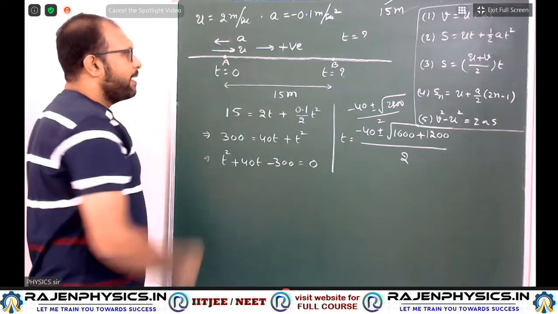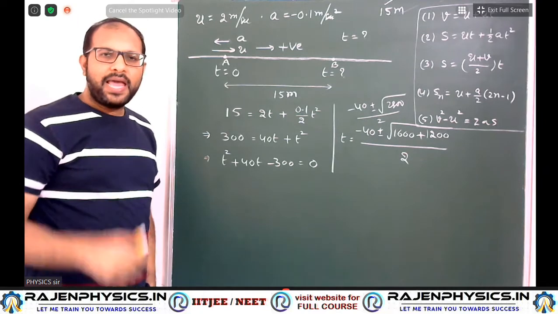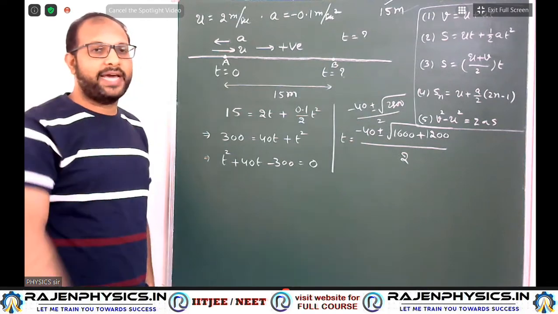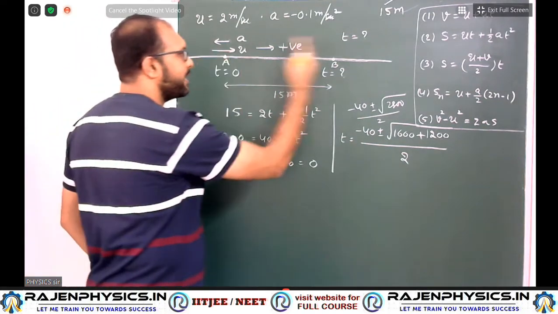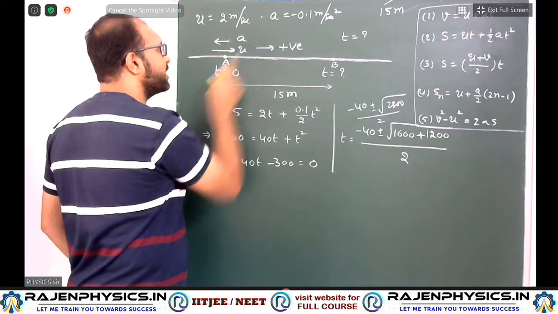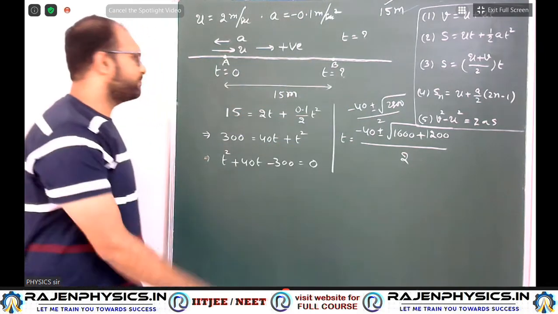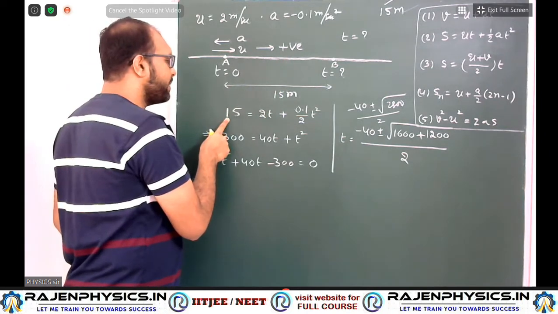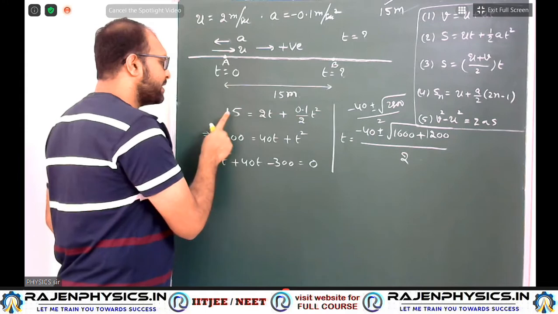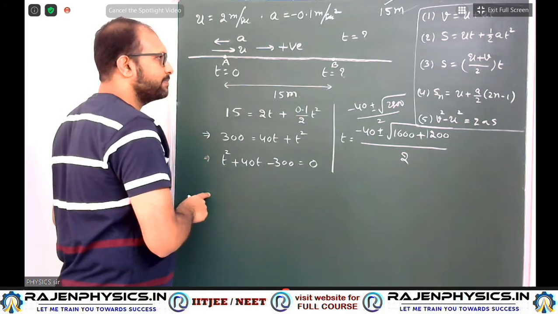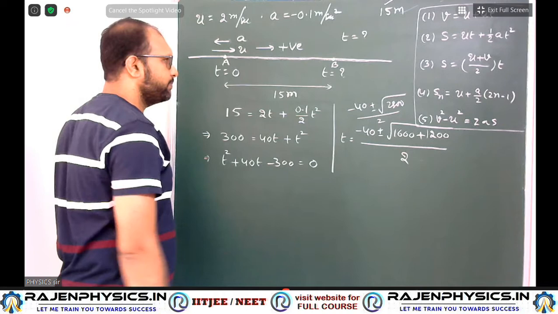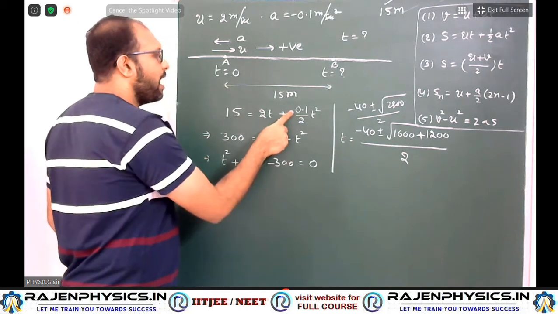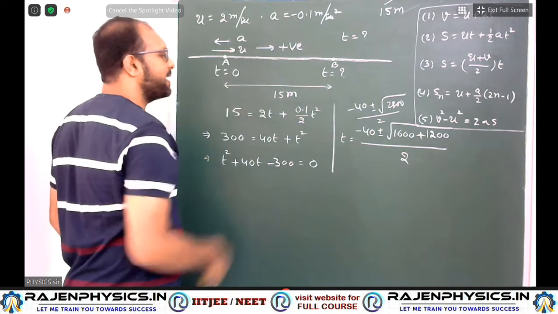Right. But here is some small logic. Acceleration is opposite to the initial velocity, but the initial velocity direction is the positive direction. That's why this side is positive and acceleration is negative, so you need to consider a as minus. Again the same equation. S is nothing but the displacement, and that displacement is 15, equal to 2t plus half at square, but a is minus.